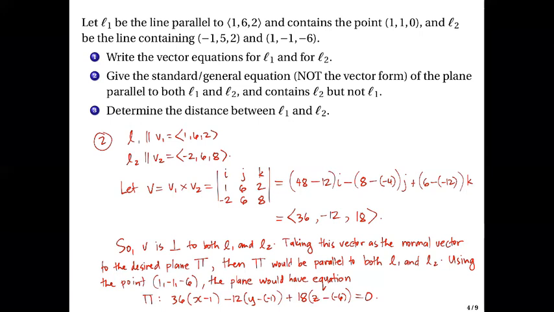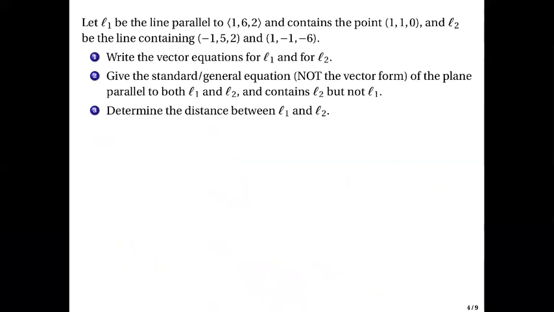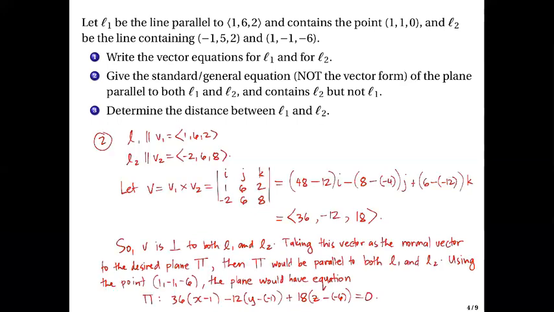You will now get 36x. So 36 times x, 36 times negative 1.